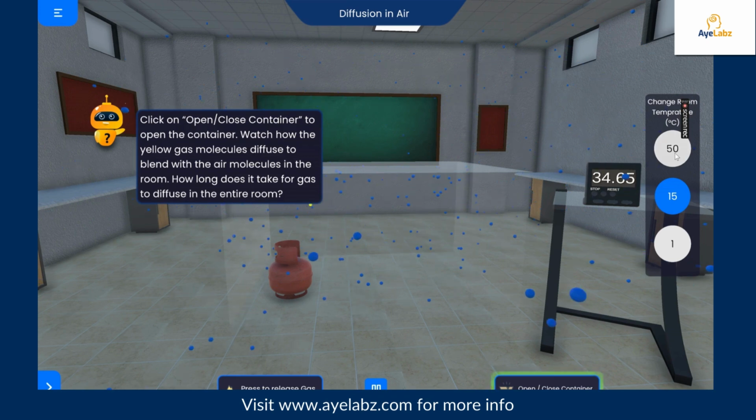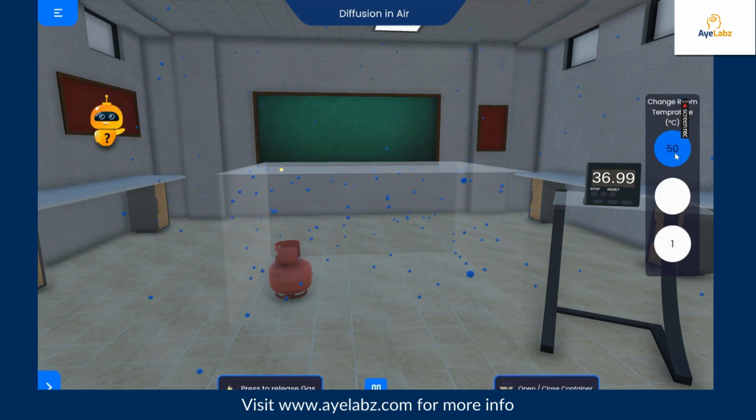By increasing the temperature from 15 to 50, you can see how the movement of the gas particles is quite random and moves quickly as I'm increasing the temperature. What if I'm decreasing the temperature?